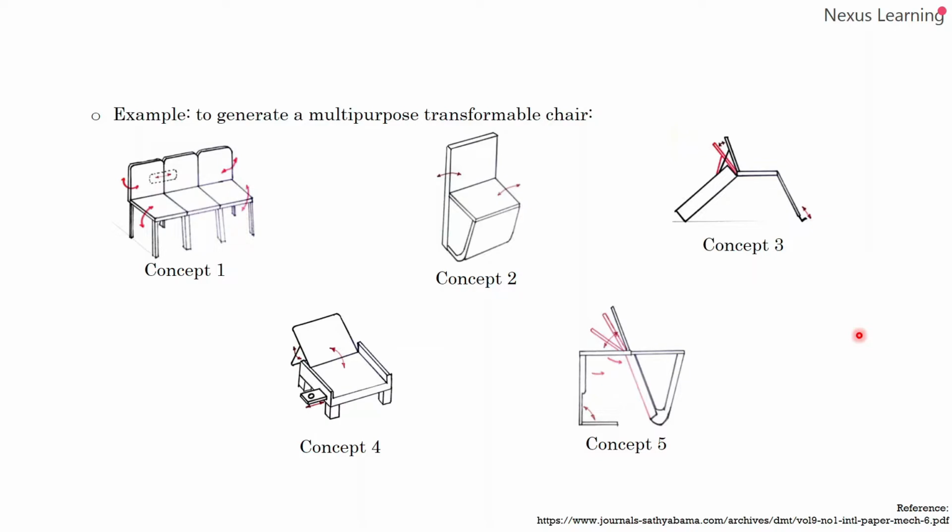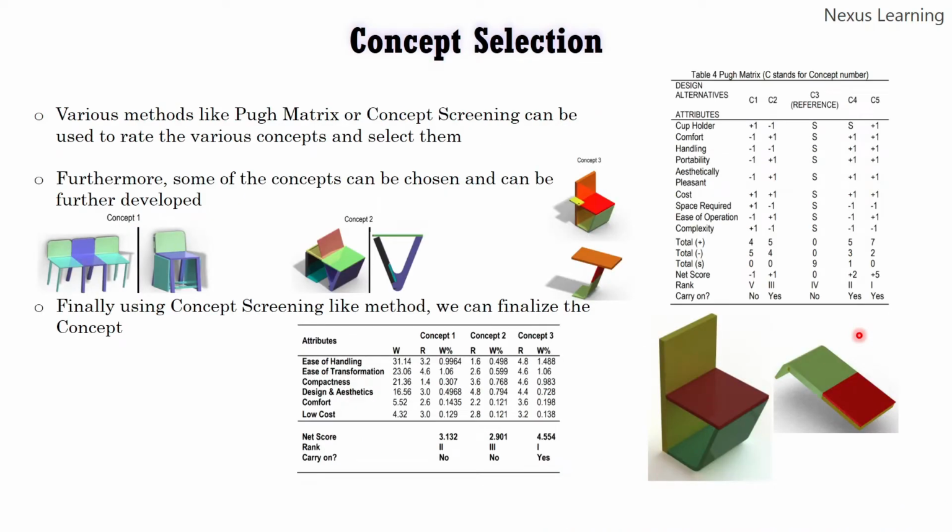The need was to generate a multi-purpose transformable chair. There are a few concepts which you can see, and there is something called a bug matrix or concept screening, which can be used to drill down the concepts so that we can choose the best concept. We compare the concepts with each other so that we get the good and bad things about them, and then we go to the final product.